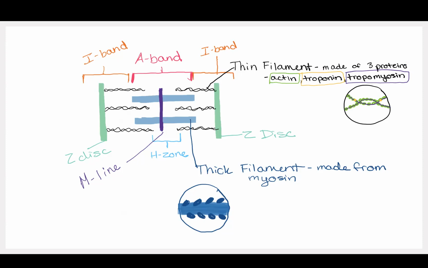As I blew it up here at the bottom, the trunk or the base of the thick filament has myosin heads on it, so they can attach to the thin filament here in black. The thin filament is made of three proteins: actin, troponin, and tropomyosin, which I've blown up their structure also.